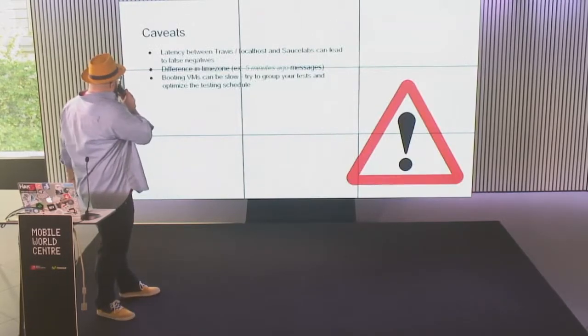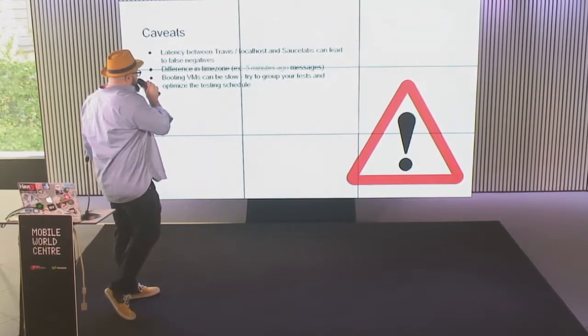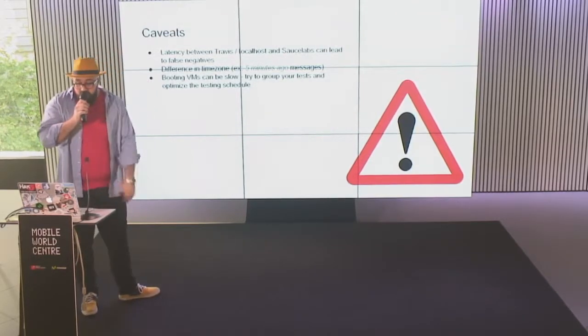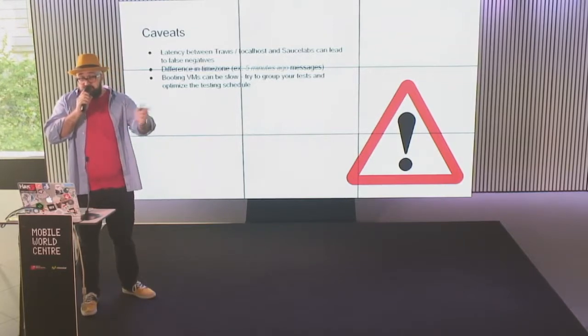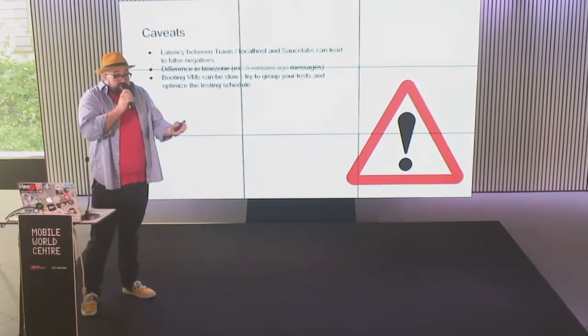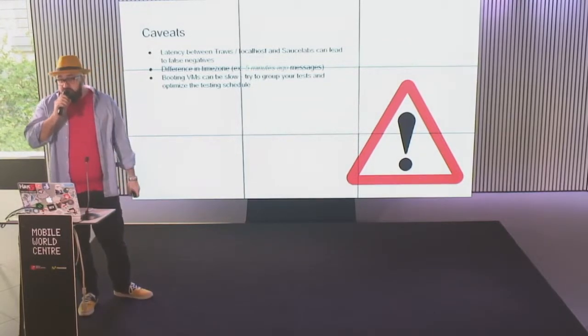And there are some problems. As I said, latency between Travis or your localhost and Saucelabs can lead to false negatives. If you don't wait enough, it will just time out because it was slow, not because the element wasn't there. Time zones can also differ.